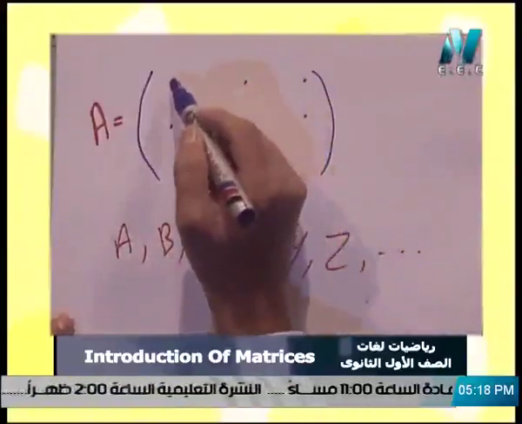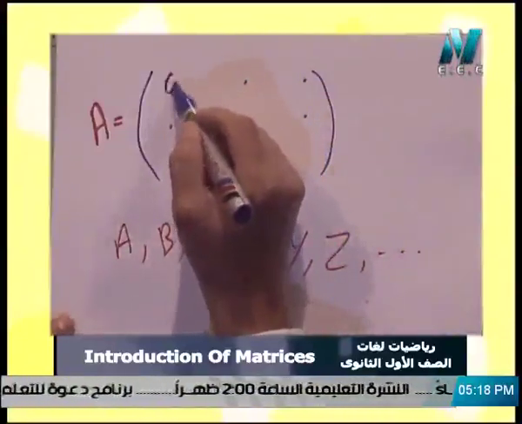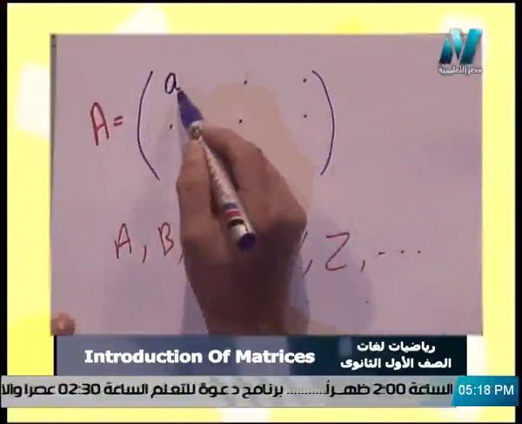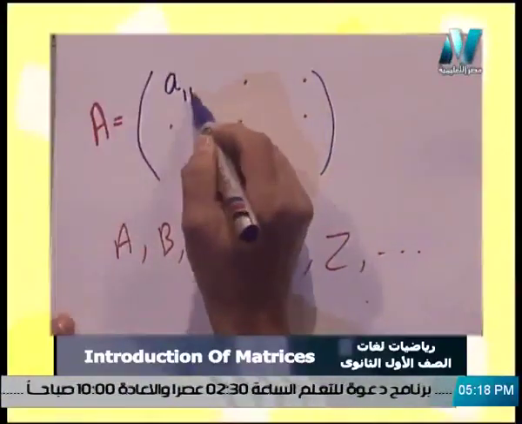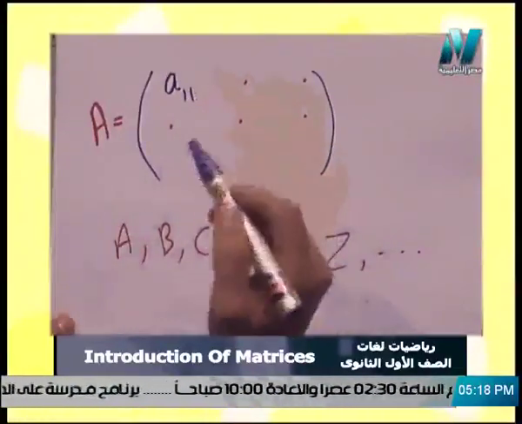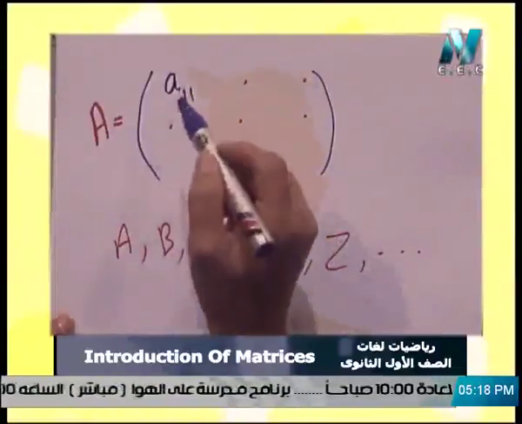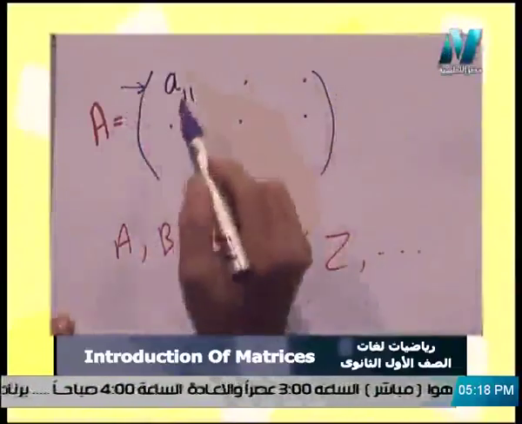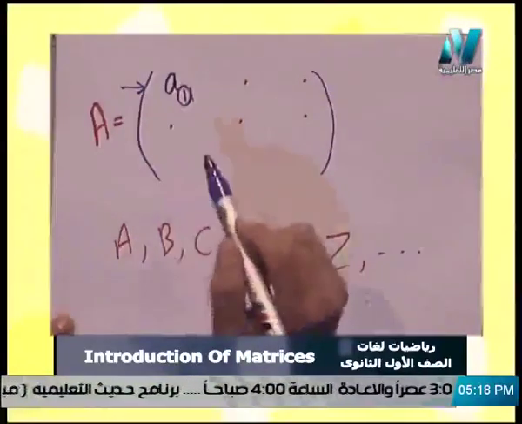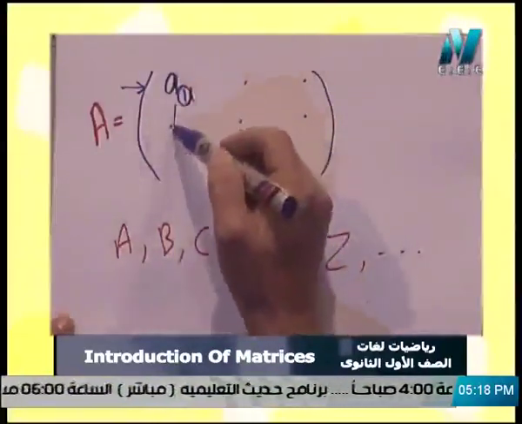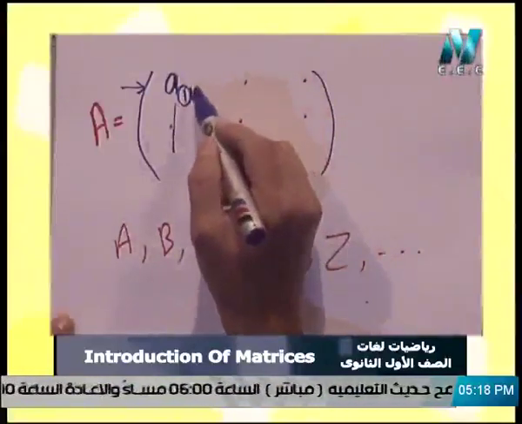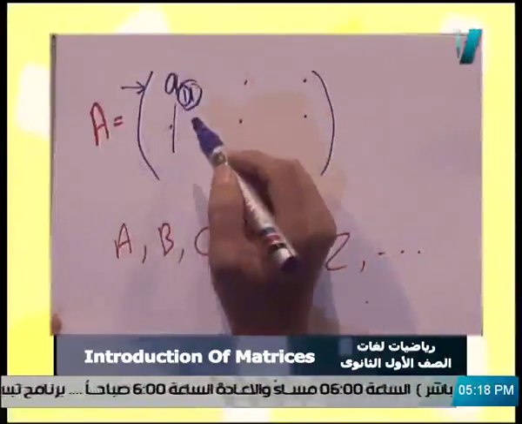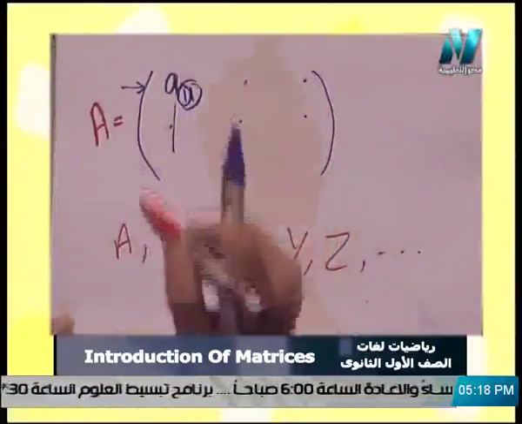If we have a capital A for this matrix here, then we have elements here. This element here, we can say it is small a, 1, 1. Why 1, 1? This element lies inside the first row, so we have 1. And it lies also in the first column, so we have another 1. So we write it as A11.